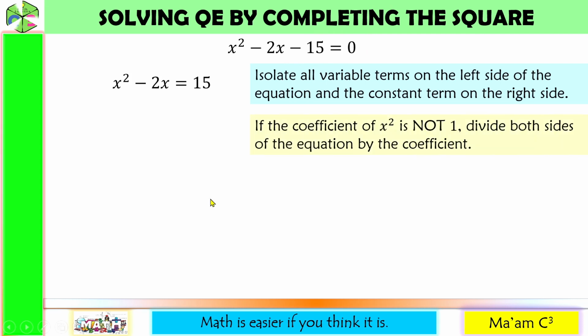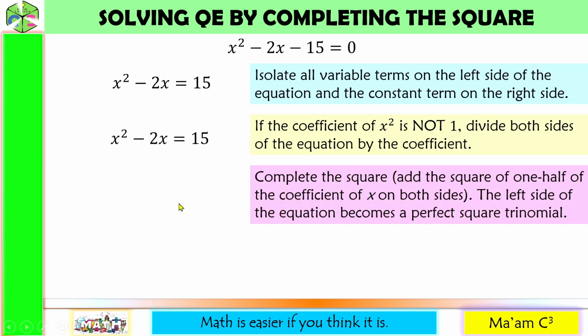Step 2, if the coefficient of x squared is not 1, divide both sides of the equation by the coefficient. But since in this example, the numerical coefficient of x squared is 1, then I'm just going to simply copy it. Step 3, complete the square. So here is the exciting part.